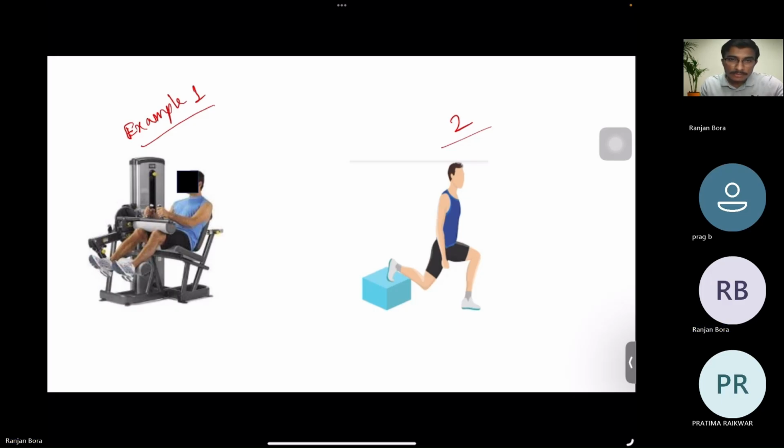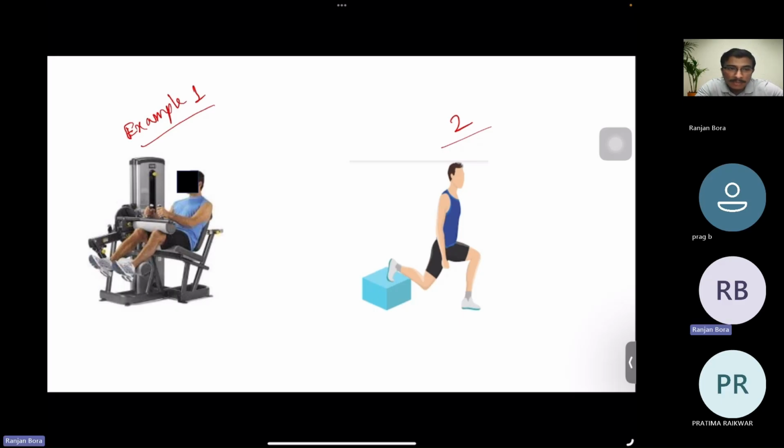Look properly at what the person is doing in the exercise and which are the terminal links here.